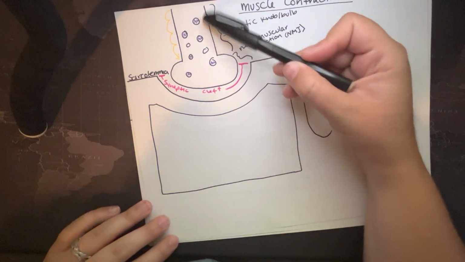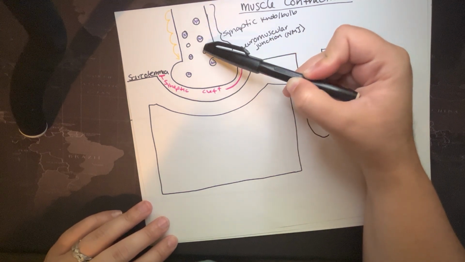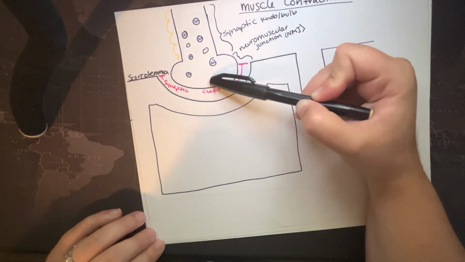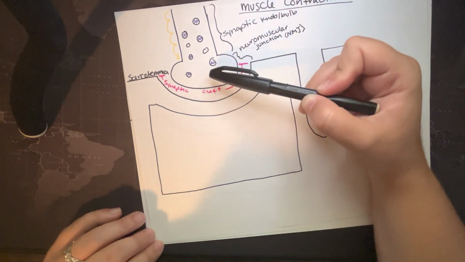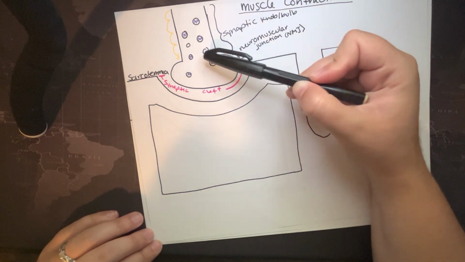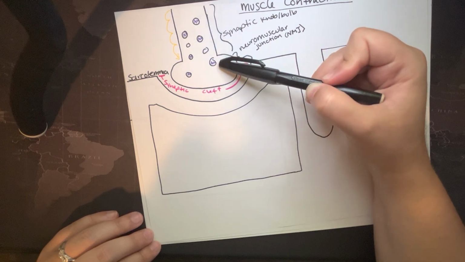Now, in order to allow a signal to be sent from our nervous tissue, from the synaptic bulbs, the synaptic knob, it has to be able to send something through the synaptic cleft. And for a signal to be sent, we have to start with the chemical messengers of the neuron. These are going to be called neurotransmitters.